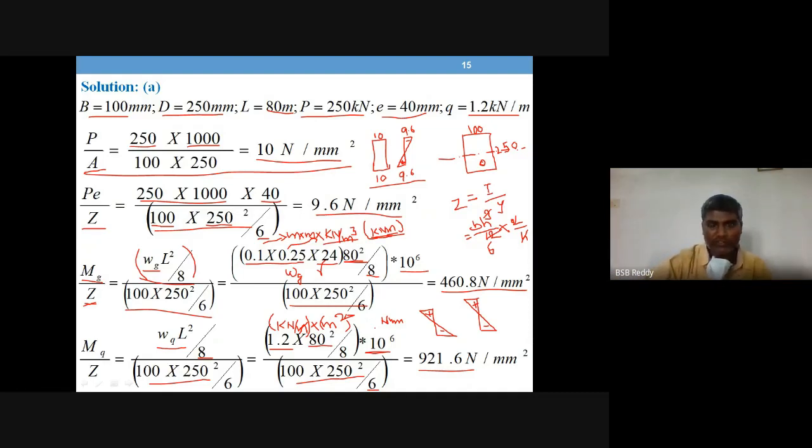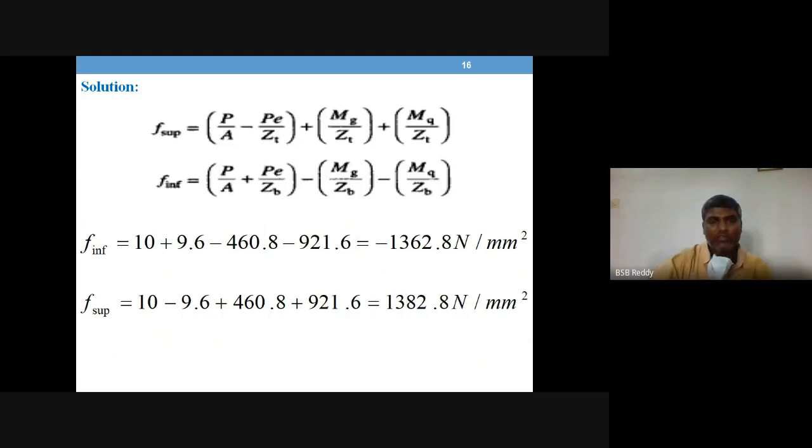Now you substitute into the formula, or else you can directly add from the diagrams. Plus 10, minus 9.6, plus 460.8, plus 921.6. You can add these values from the diagram, or use the formula.